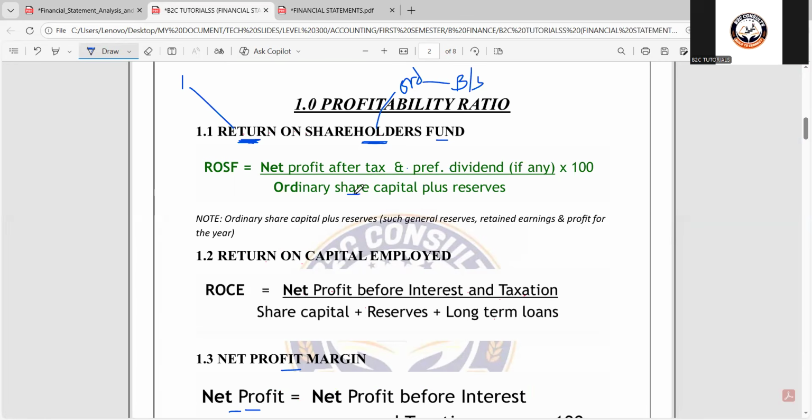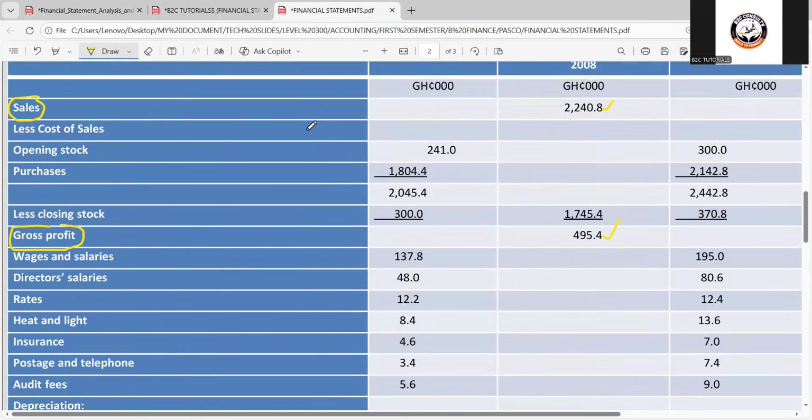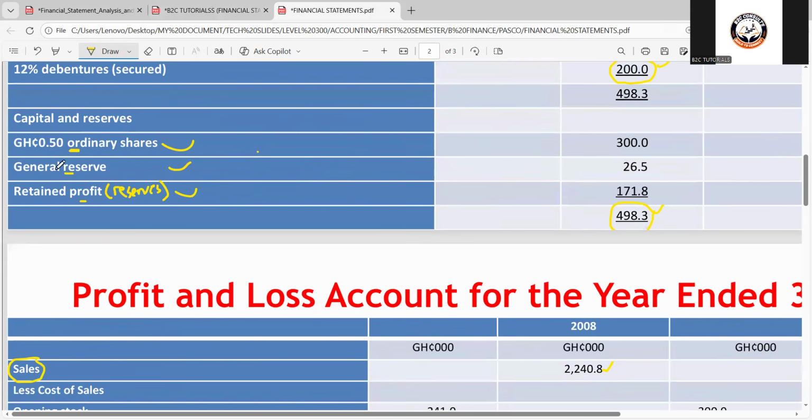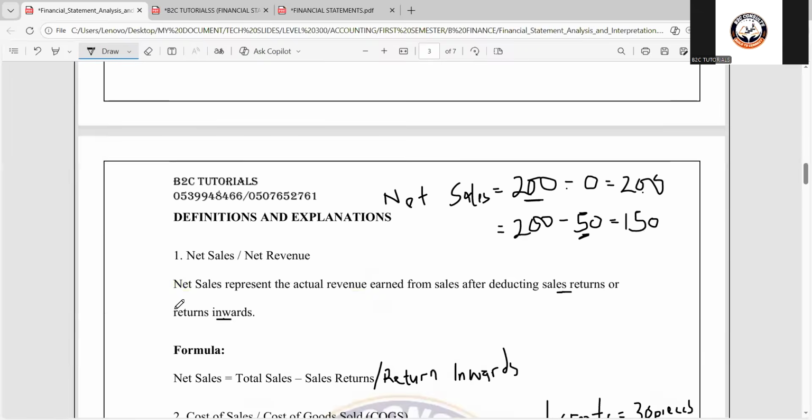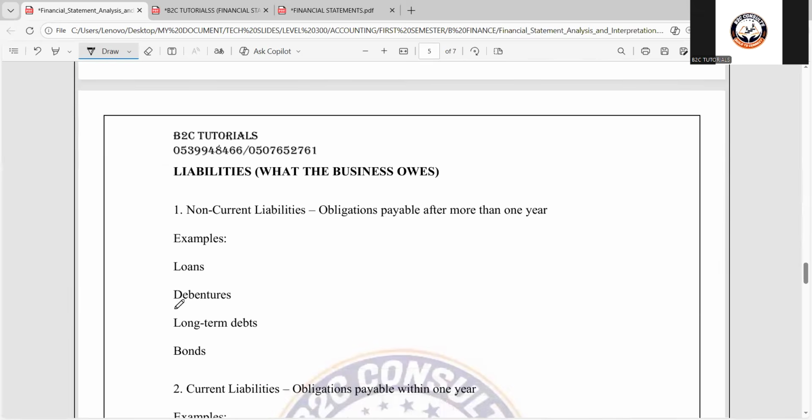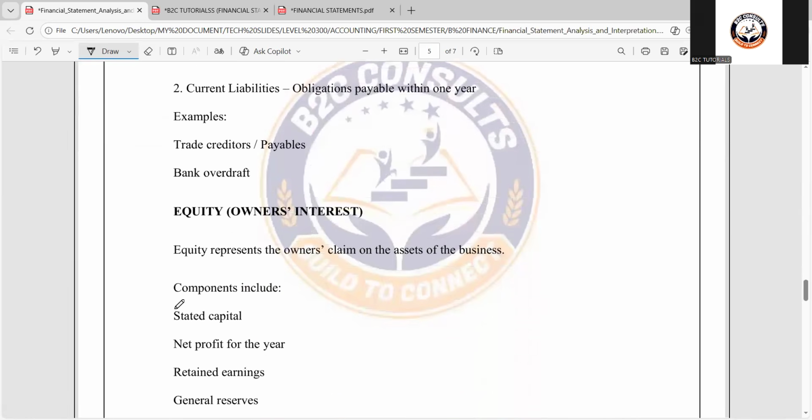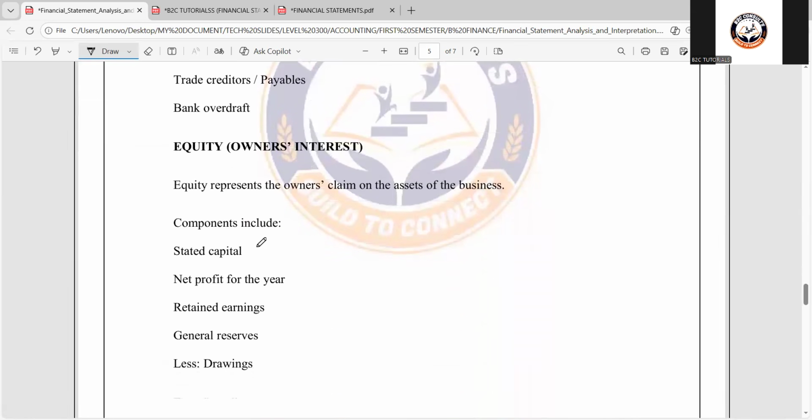So I've told you what belongs to the ordinary shareholders can be found in the balance sheet, and it is the addition of the ordinary shares. It is going to normally be under the equity. So I listed quite a number of things for you here under the equity. So you can see them. So all of these things belong to the ordinary shareholders: the stated capital, the net profit, the retained earnings, and then the general reserve.